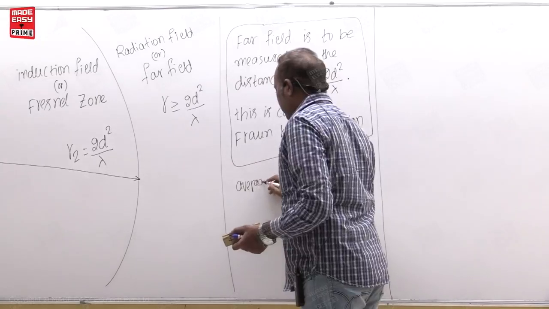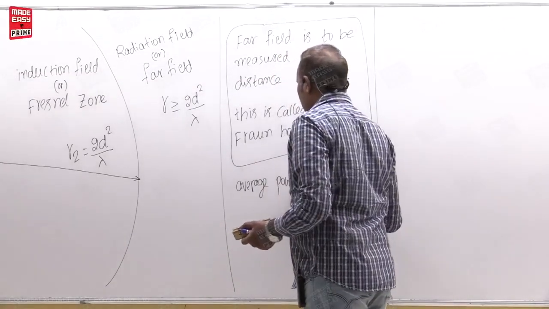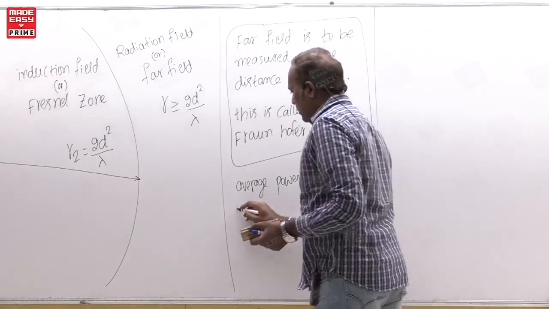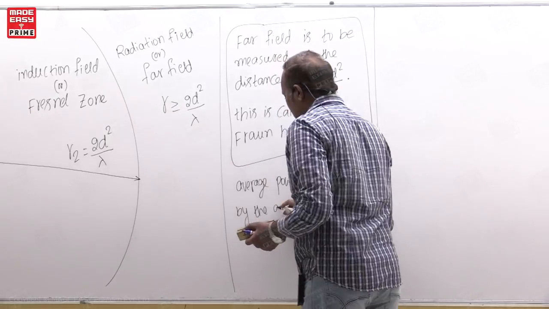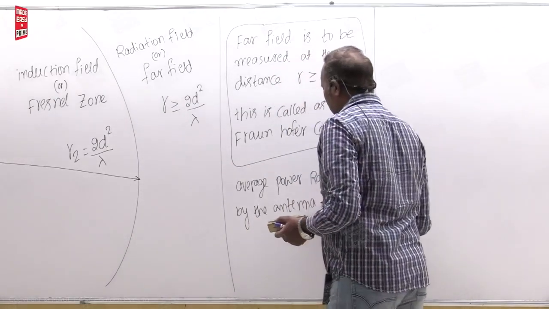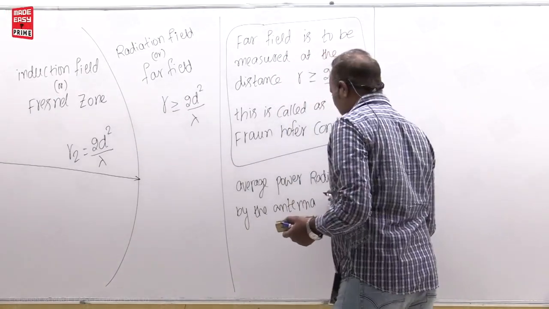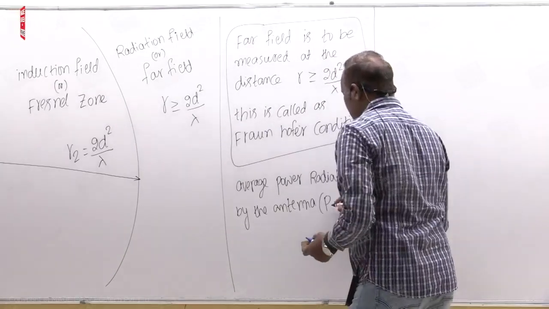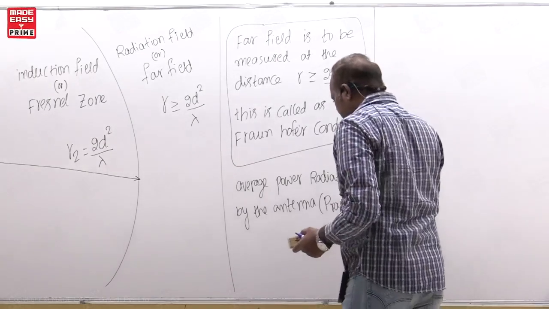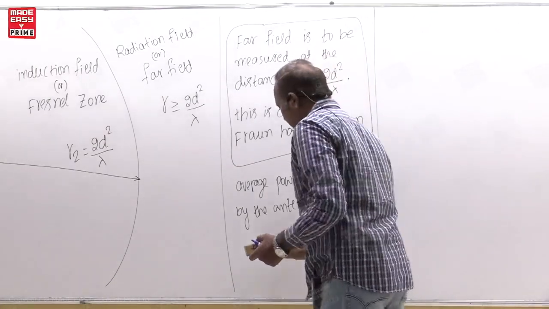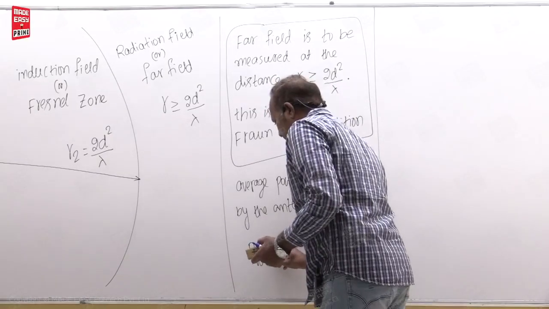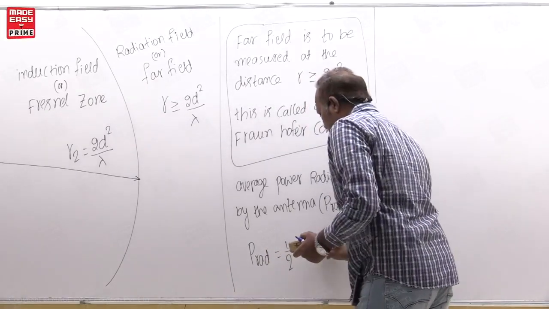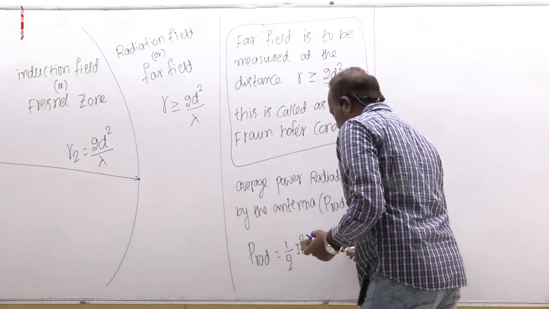Average power radiated by the antenna, called P radiated, is equal to half into Im square into R, the radiation resistance.